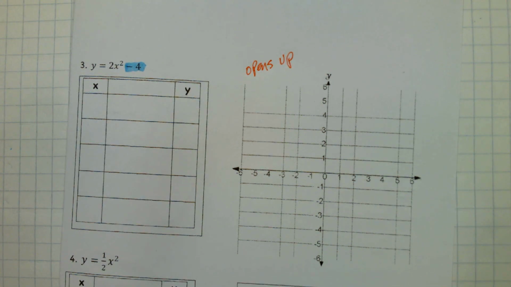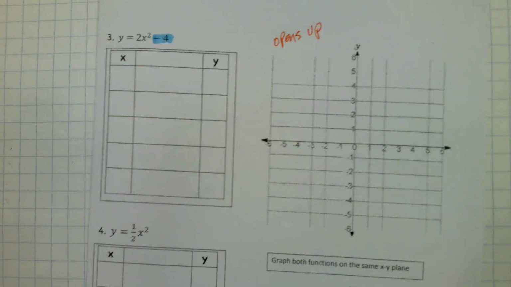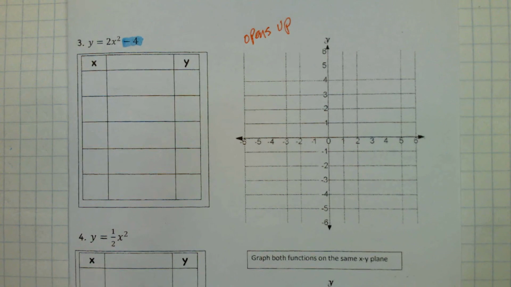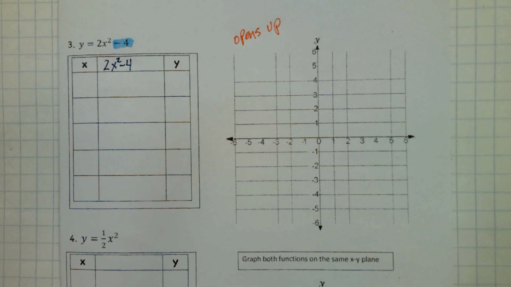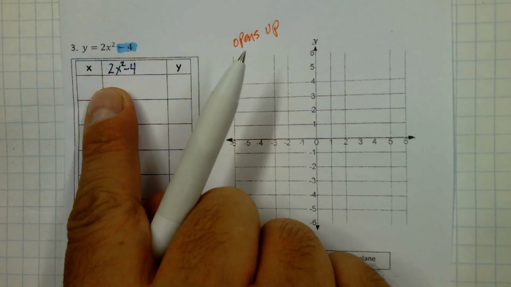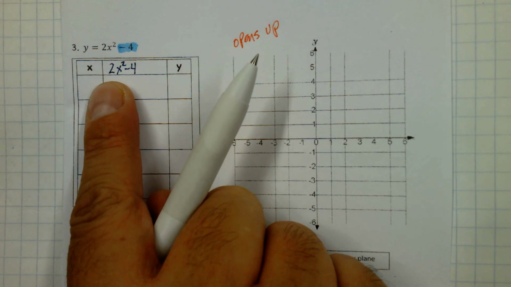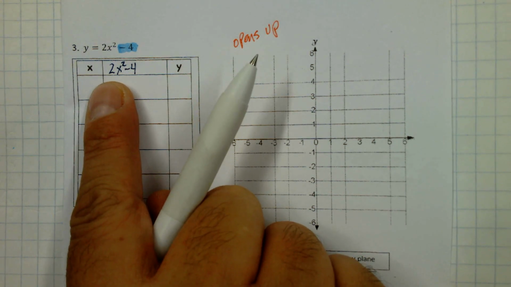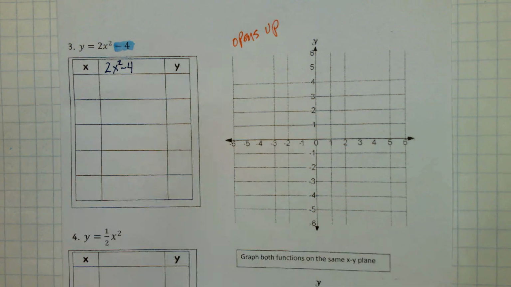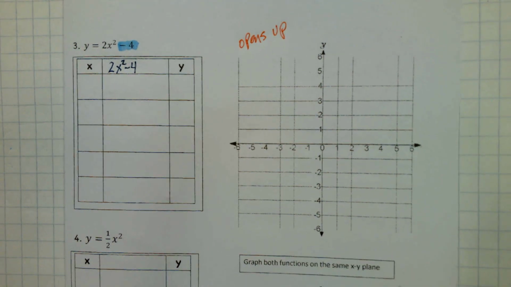Well, we've done a few of these. Let's write it down. 2x squared, then take away 4. That's the math involved. We'll pick the same values. The only time we have to pick different values is if we have a fraction in front of the x squared, and that'll be the next 2. I'll tell you what to do there.